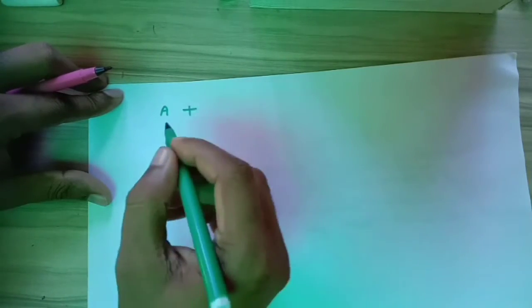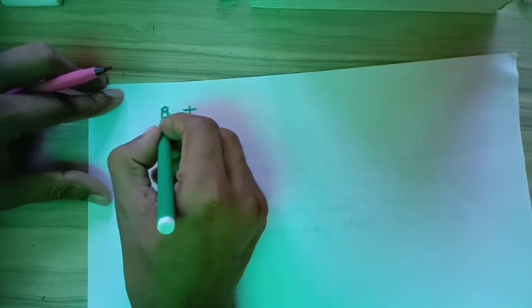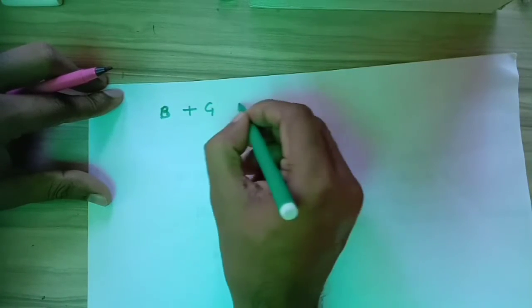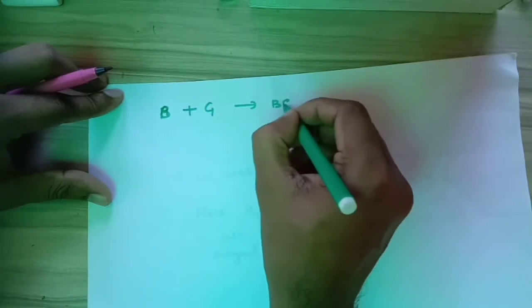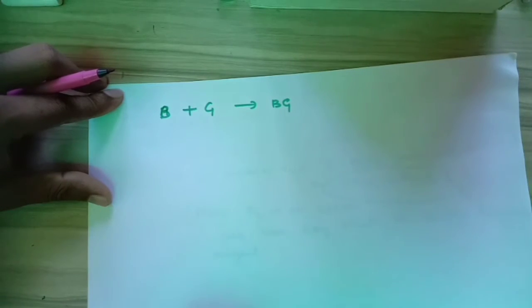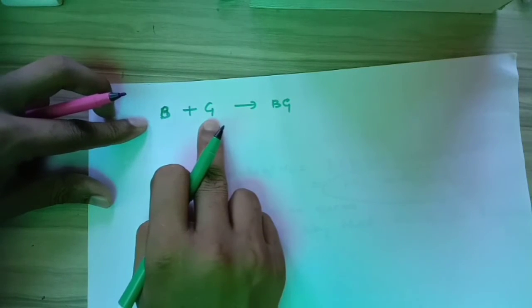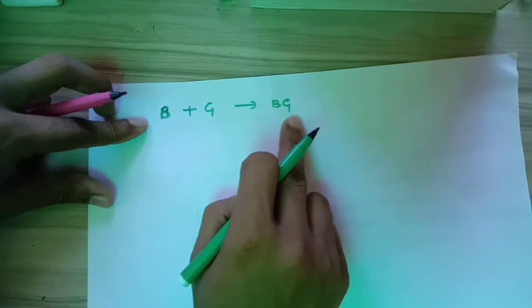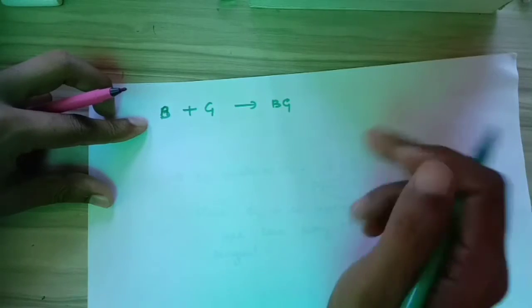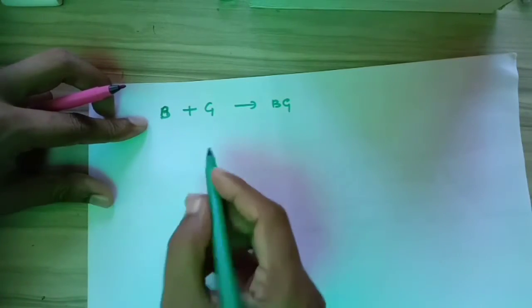So boys mix with girls to form BG. Now one boy will make a group with one girl, so we'll get a complete group. So there will be no solitary people.